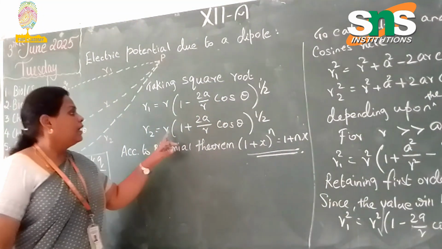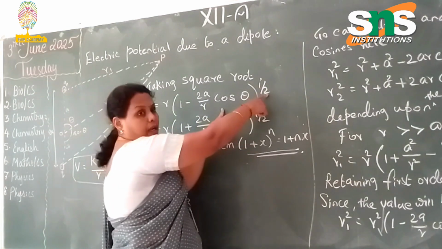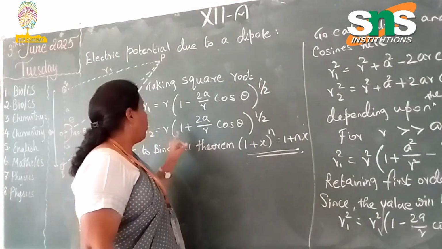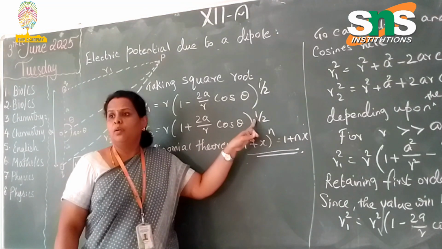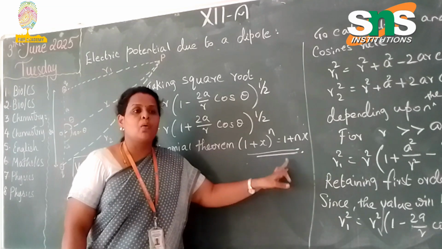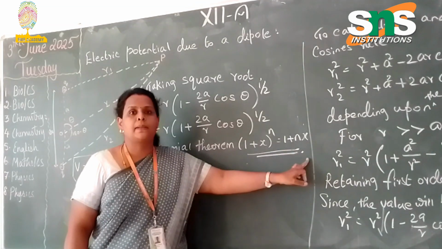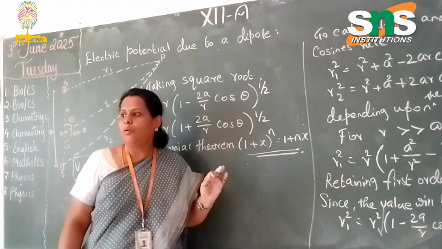Here also 1 plus x power n. Here n is 1 by 2. So we are going to write 1 plus nx. But if minus is coming, instead of plus you can write it as minus. No worries.